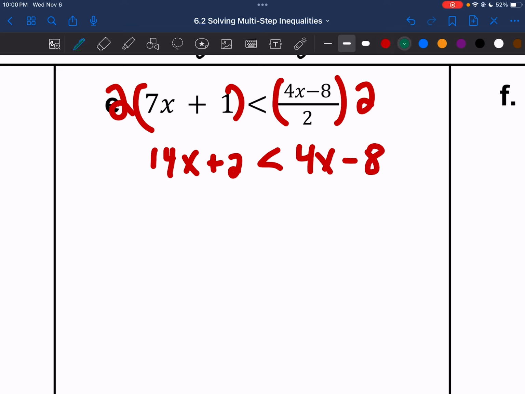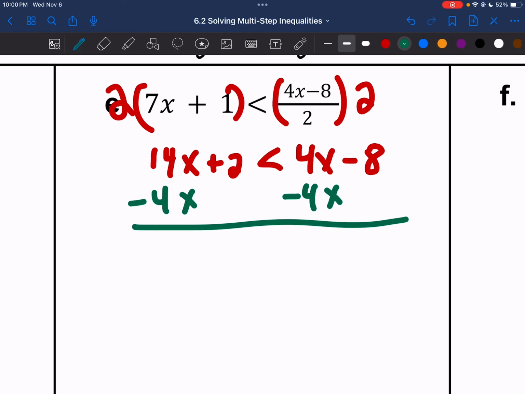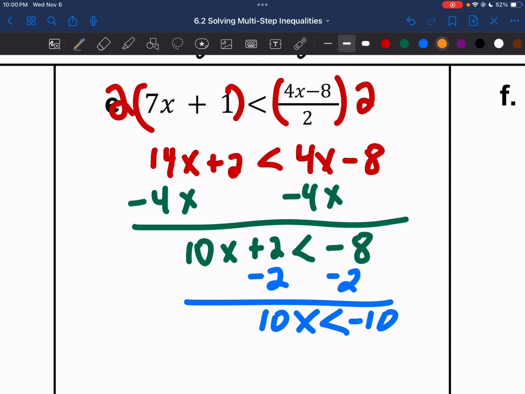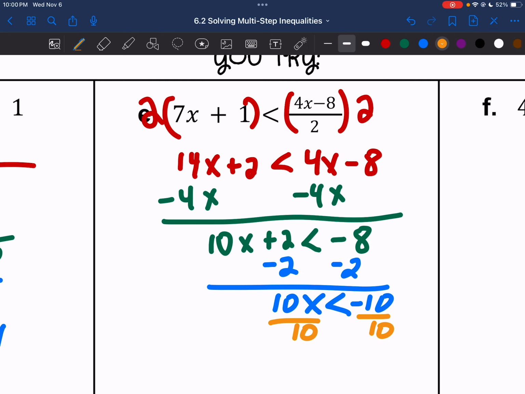Well, 14x is greater than 4x, so I'm going to subtract 4x from both sides. And we get 10x plus 2 is less than negative 8. I subtract 2 from both sides. 10x is less than negative 10. And then when I divide both sides by 10, I get that x is less than negative 1.